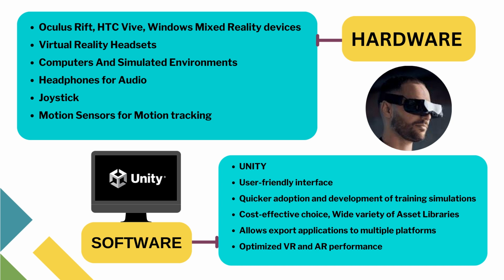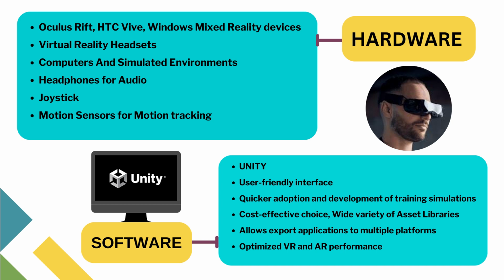Headphones provide spatial audio, enhancing the sense of realism. For precise control and navigation, we employ joysticks and motion sensors that enable precise motion tracking, allowing users to interact seamlessly within the virtual environment. This hardware assembles the foundation for the system's immersion and interactivity.